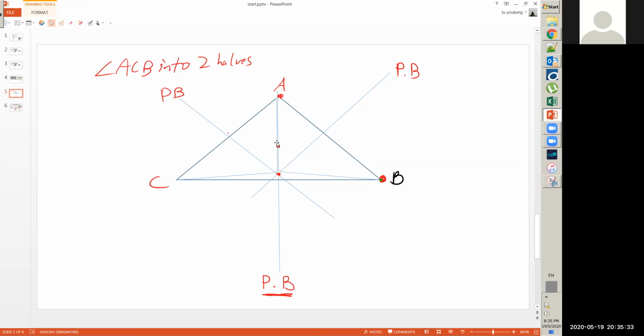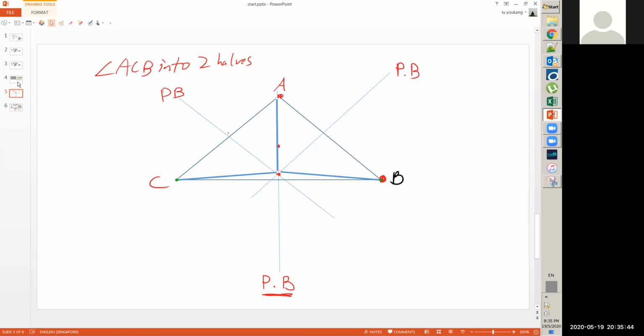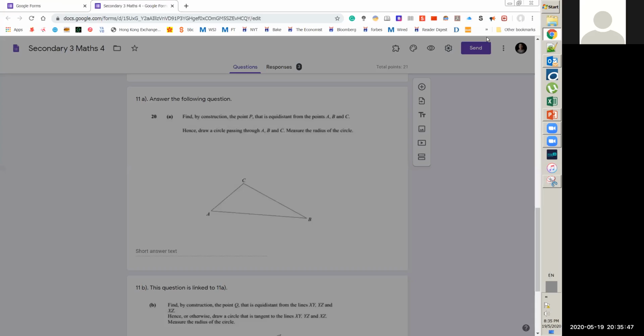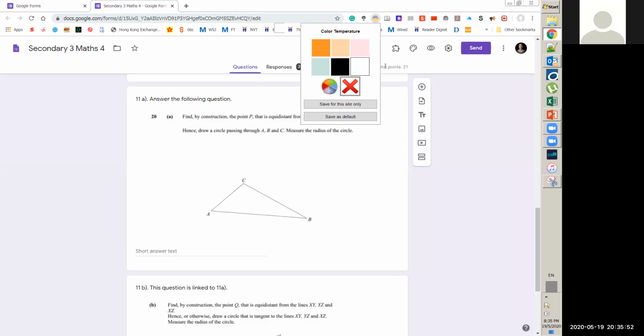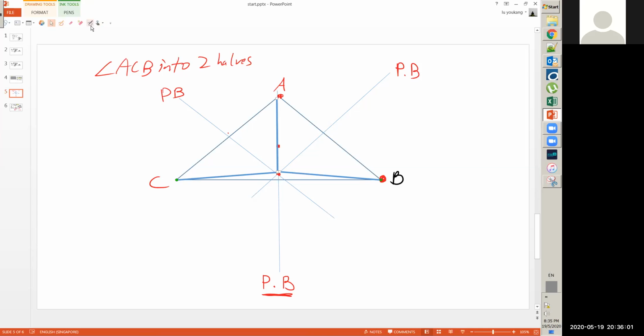So I think I have answered your question, which is part of our assignment. By construction, the point P is equidistant from points A, B, C. So this will be our point P. The intersection of all the perpendicular bisectors for each line will give us our point P.